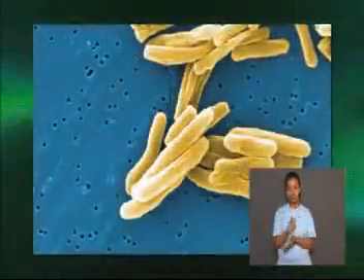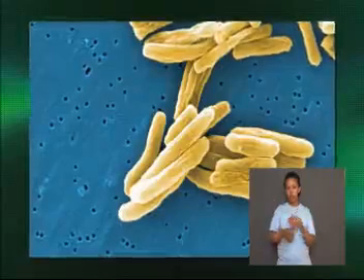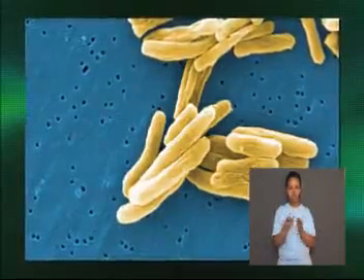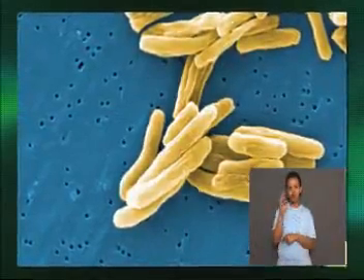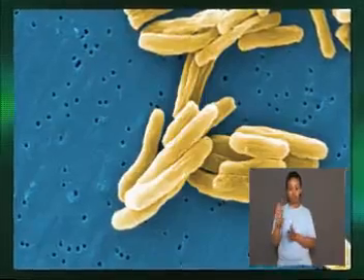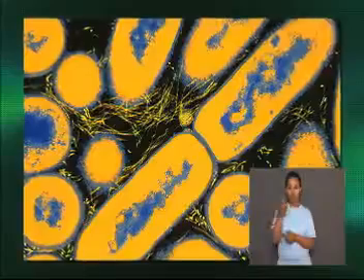Some examples of harmful bacteria that act as pathogens are Mycobacterium tuberculosis, which is the bacterium that causes tuberculosis, and Haemophilus ducreyi, the bacterium that causes chancroid. However, most bacteria are completely harmless and can even perform beneficial functions.